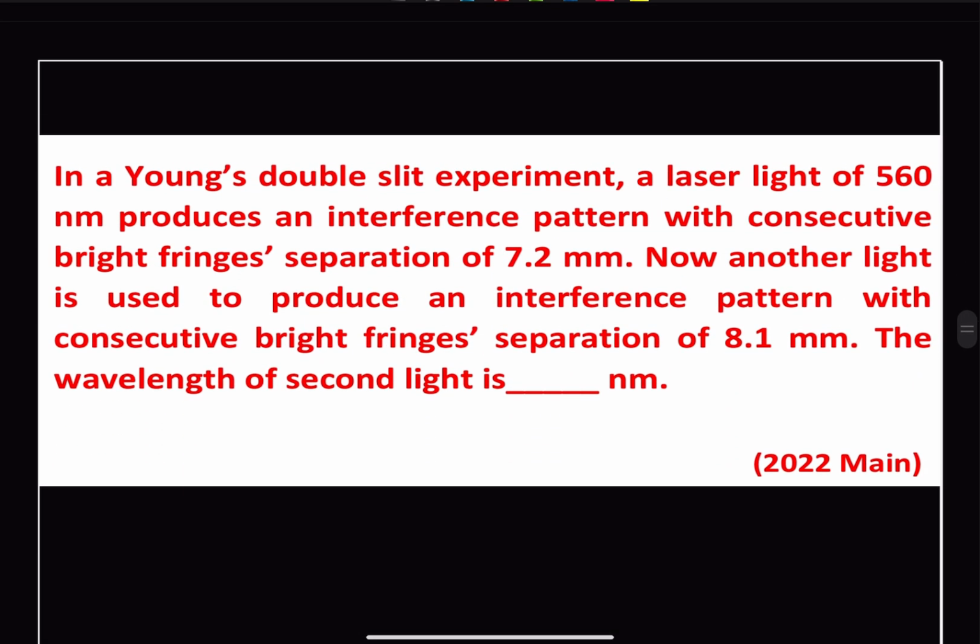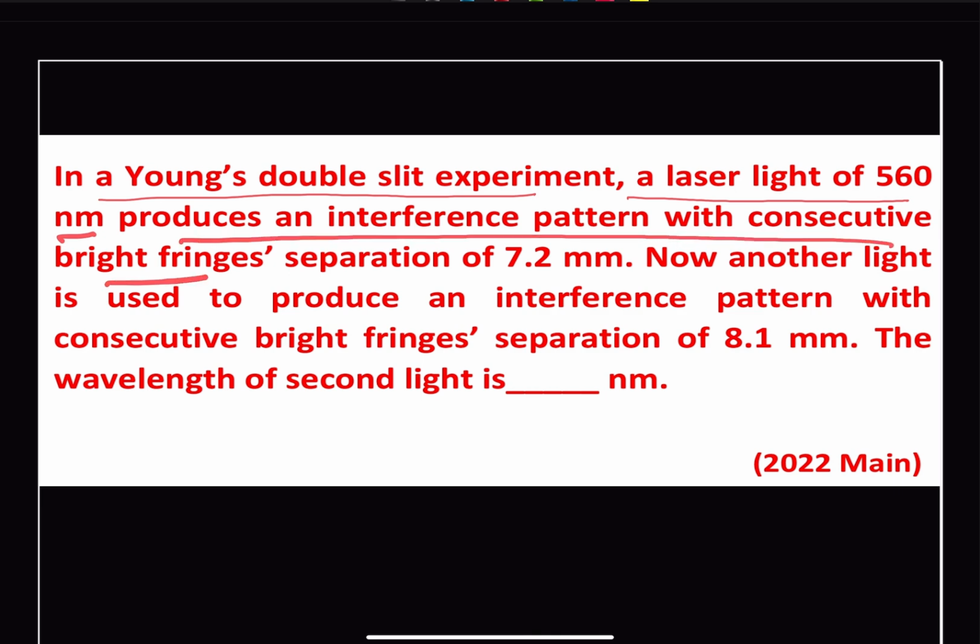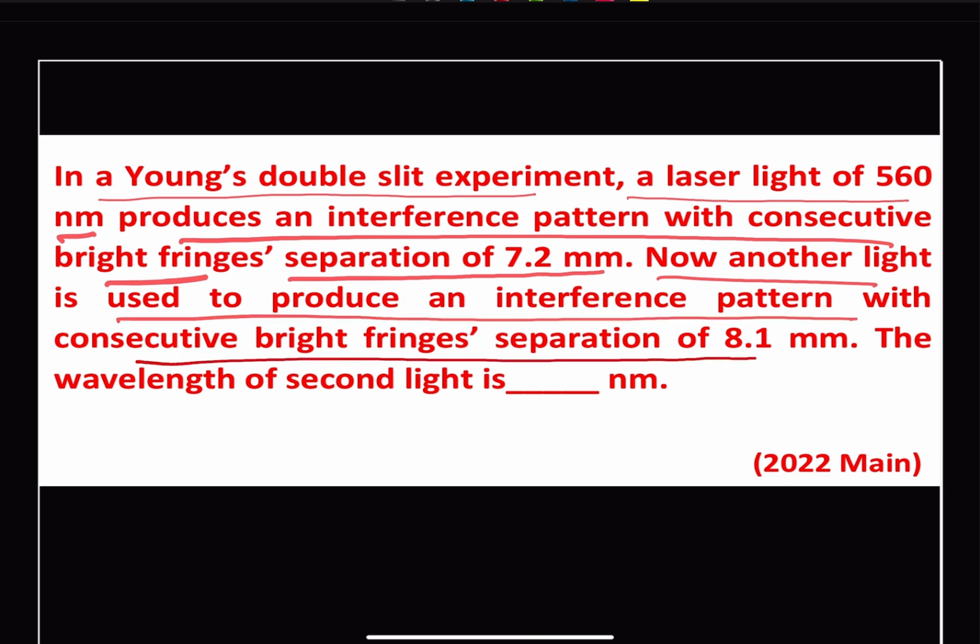We are given that in Young's double slit experiment, a laser light of 560 nanometer produces an interference pattern with consecutive bright fringes separation of 7.2 millimeter. Now another light is used to produce an interference pattern with the consecutive bright fringes separation of 8.1 millimeter. The wavelength of the second light is.